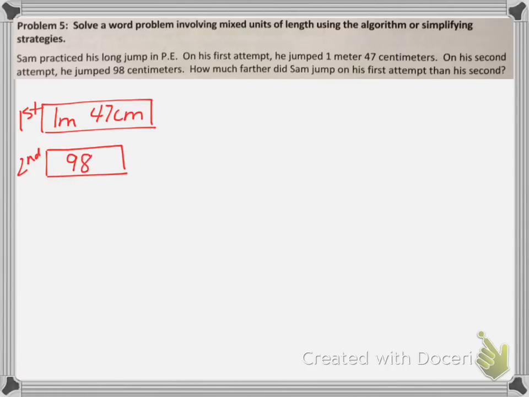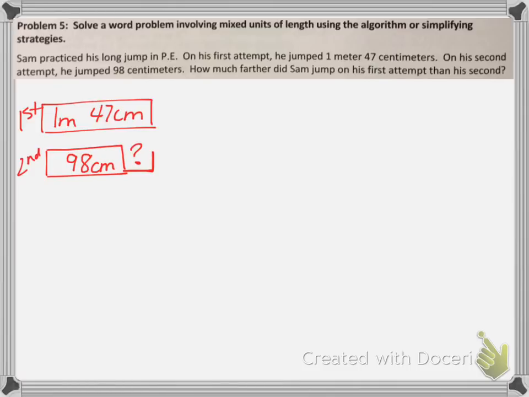Not even a full meter. And they want to know how much farther did he jump on his first attempt. So I'm going to be looking for this right here. Okay. So I'm going to have to do some subtraction. I'm going to have to take away his second attempt from his first attempt.